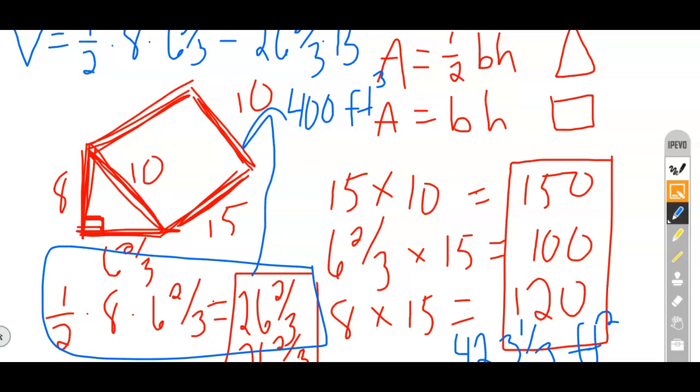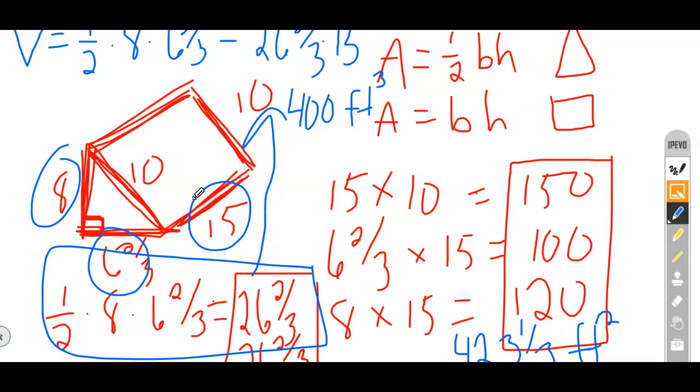Now, like Benjamin said, we could just do 8 times 6 2/3 times 15 times 1/2, and then you get the same answer. But I wanted to explain how and why volume works the way it works.